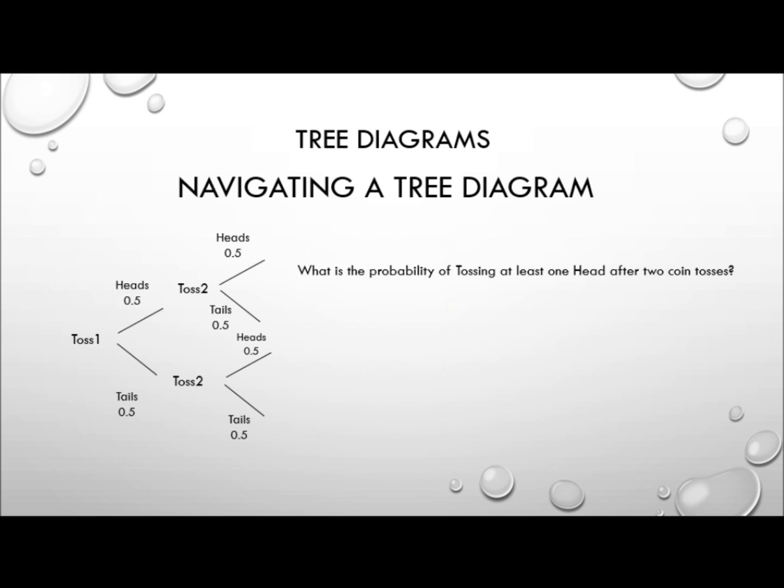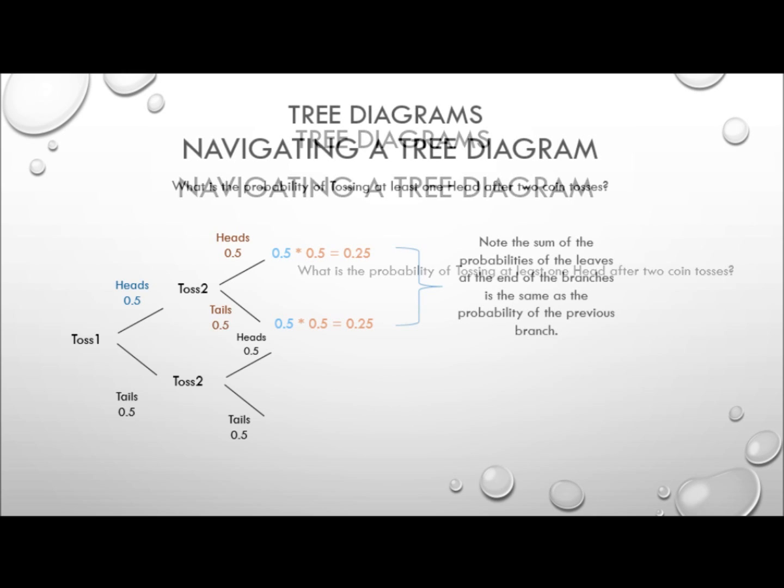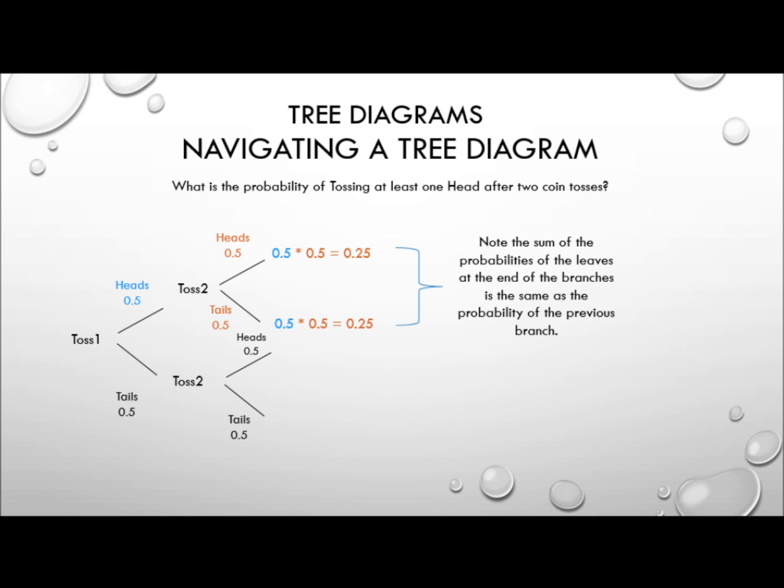Okay, let's try another problem. What is the probability of tossing at least one head after 2 coin tosses? Well, the probability of the first coin being heads is 0.5. And then the second coin can either be heads or tails, and there's a 0.5 chance of it being either.